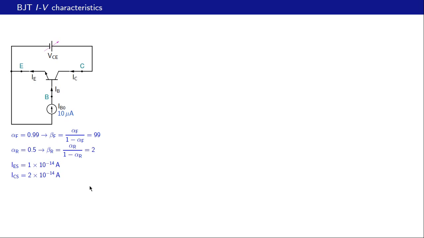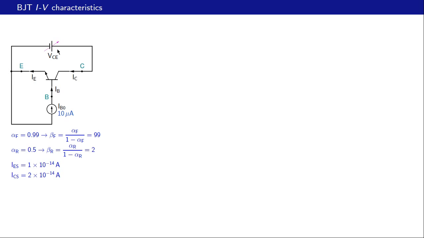What we are going to do is take an NPN transistor and plot IC as a function of VCE, this voltage drop, for various values of IB. And we will do that by solving the Ebers-Moll equations. So the experimental setup would be something like this.